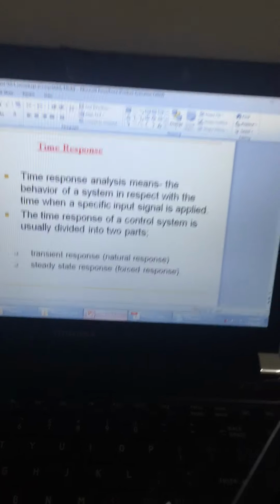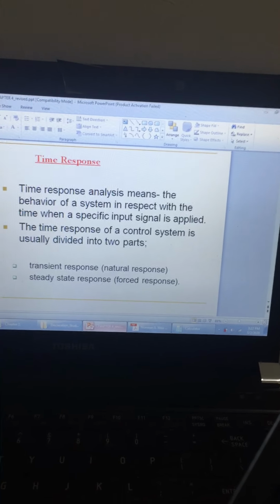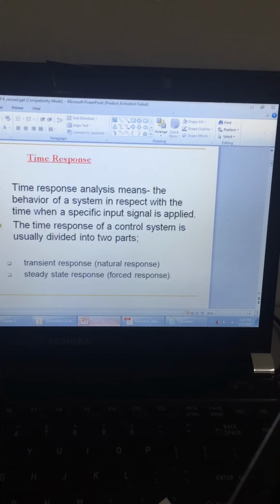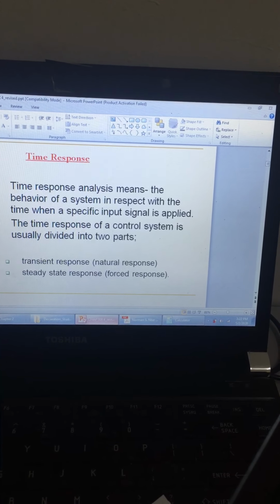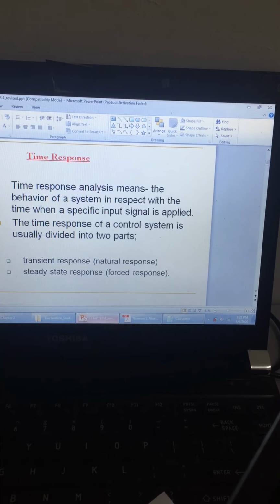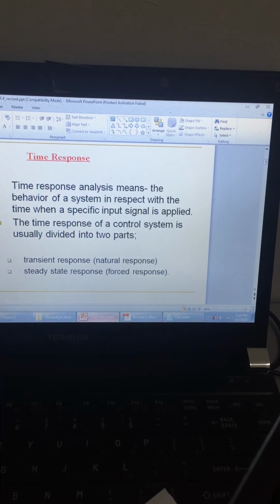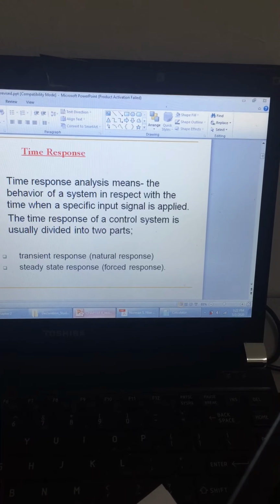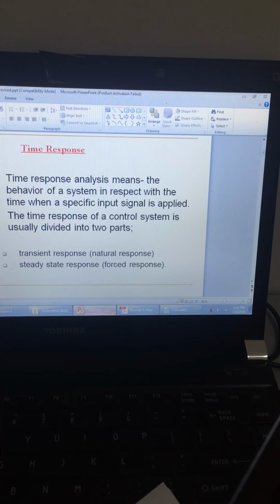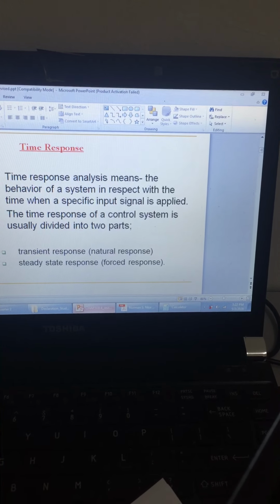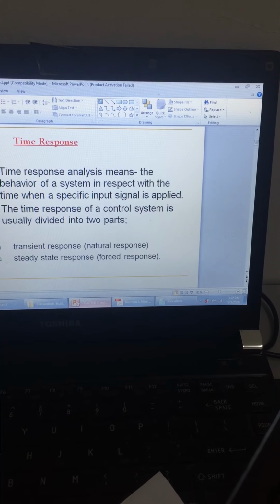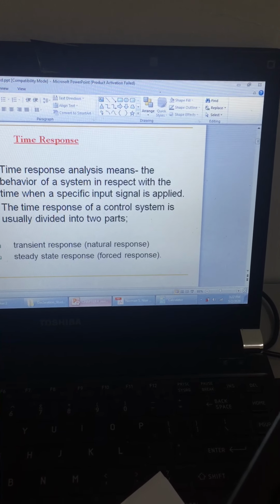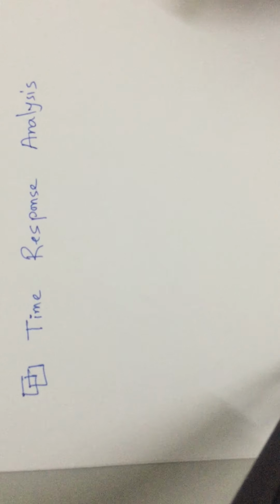So we understand that we want to analyze the output behavior of a system with the increasing of time when a specific input signal is applied. That one we call the time response analysis.